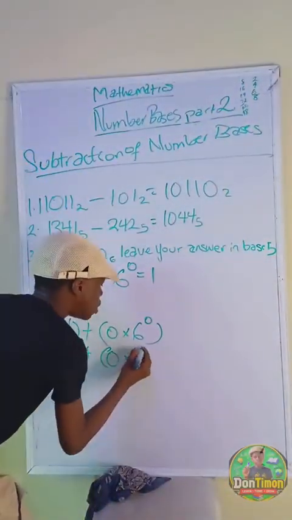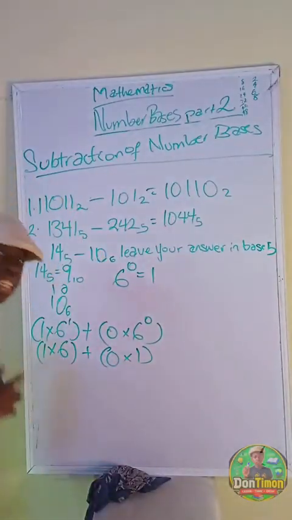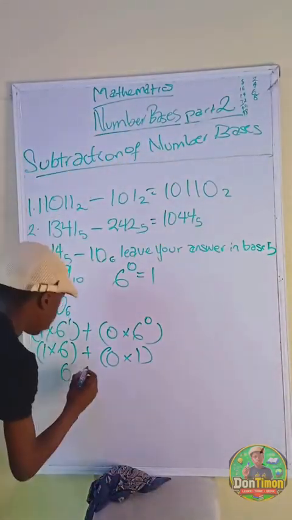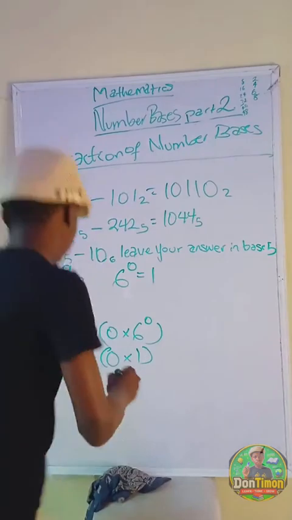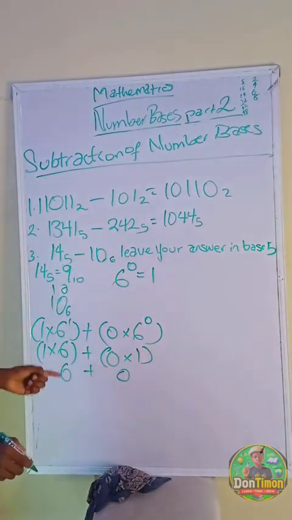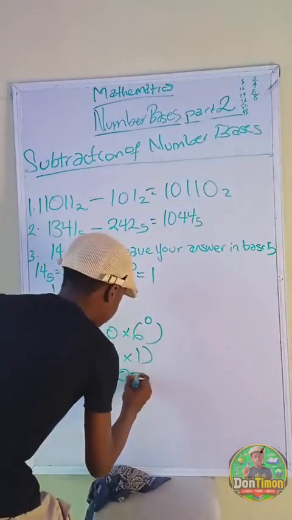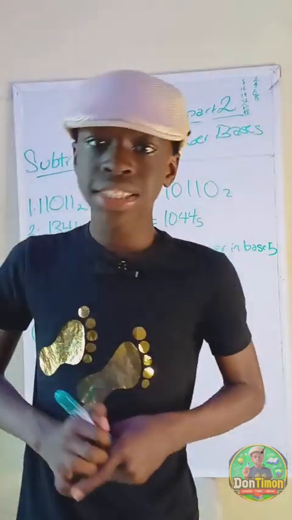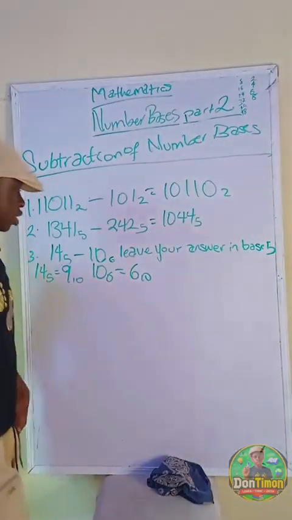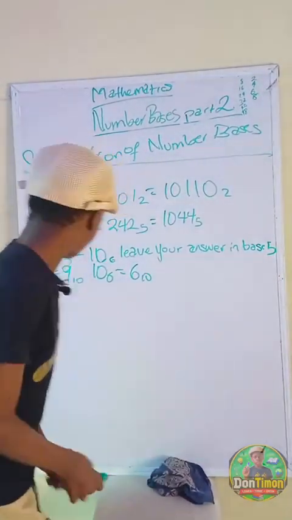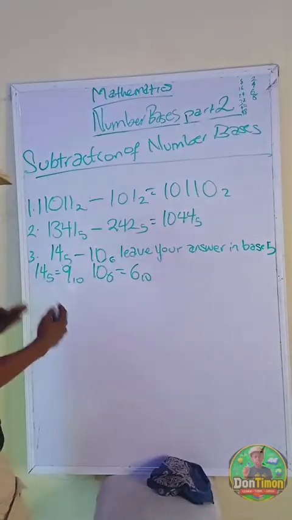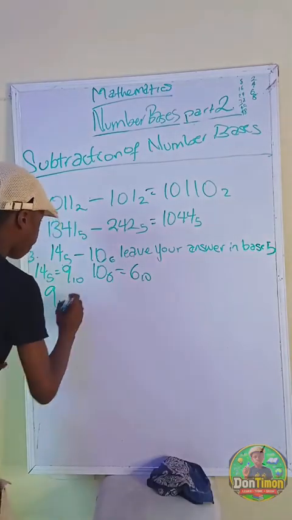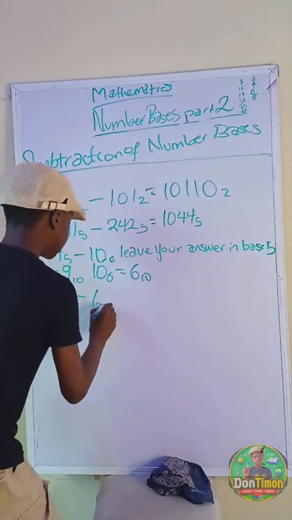We write our 1 down. 1 times 6 is 6 plus 0 times 1 is 0. 6 plus 0 is 6 base 10. That is your answer. Now that we know 10 base 6 is equal to 6 base 10, we can now subtract it. 9 base 10 minus 6 base 10.